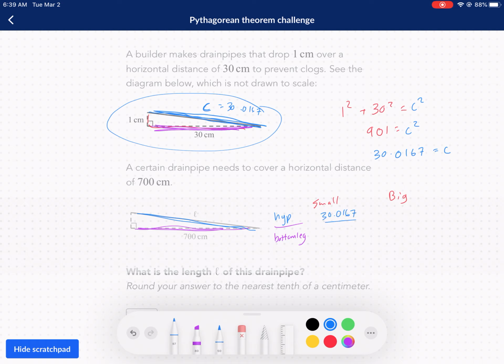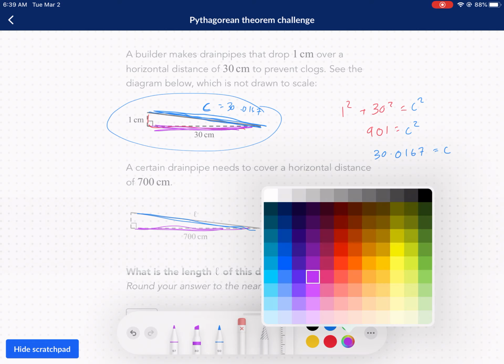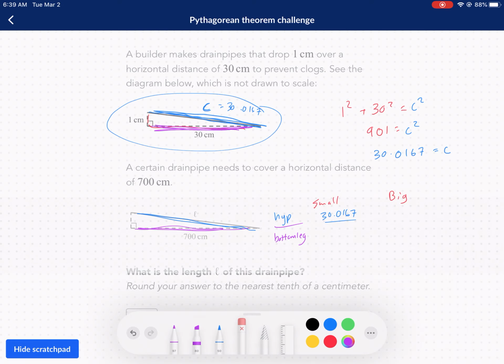For the bottom leg, it is 30, sorry. For this, we're doing the small one first. So 30 equals the small one, excuse me, now we're on to the big one. I should have labeled that first, big, small.